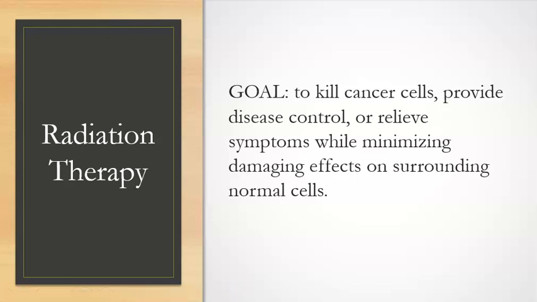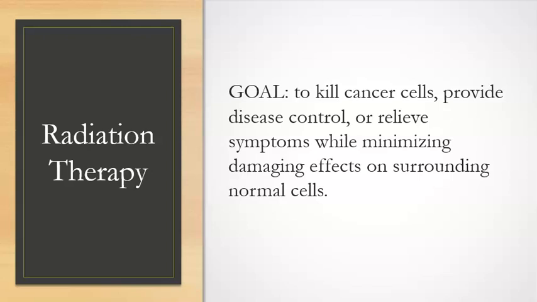So when we talk about the goals that we have when we're providing radiation therapy for patients, the goals of the radiation therapy can vary a bit. Sometimes it's to kill cancer. So we use radiation, particularly in early stage cancers that are very localized, to try and target and kill the cancerous cells in that area.